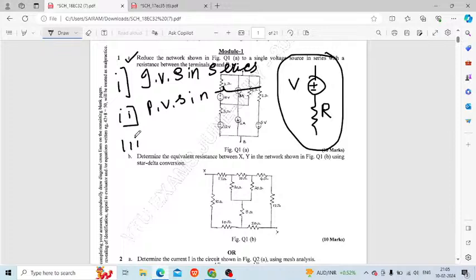And the third one we have learned is ideal current sources in parallel. So this is parallel, I hope you know. Practical current sources in parallel we have learned, right?